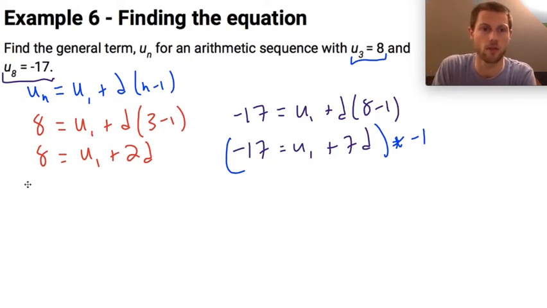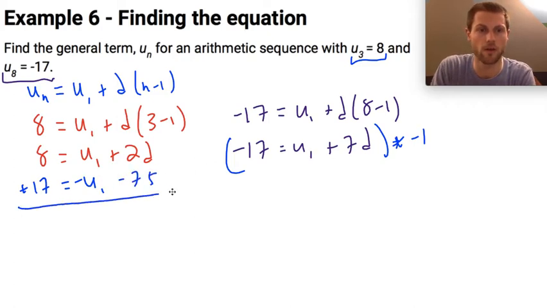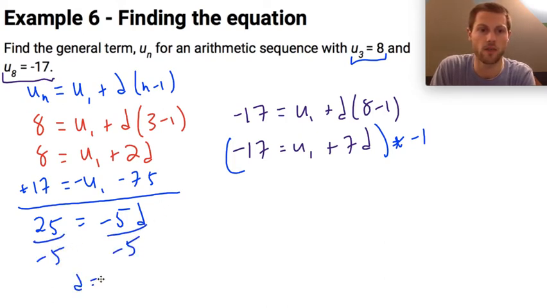So this is going to be positive 17 equals negative u sub 1 minus 7d. So this will all turn out to be 25 equals, the u sub 1's will cancel, and this is going to come out to be equals negative 5d. So I divide both sides by negative 5, and I get d equals negative 5.